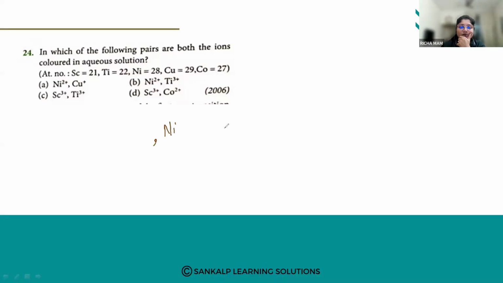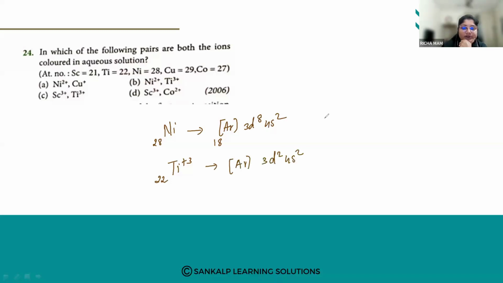Nickel is 28, that is argon 18, 3d8 and 4s2, and titanium is 22, so it is argon 3d2 and 4s2. So nickel in plus 2 state is 3d8 and titanium in plus 3 is 3d1.